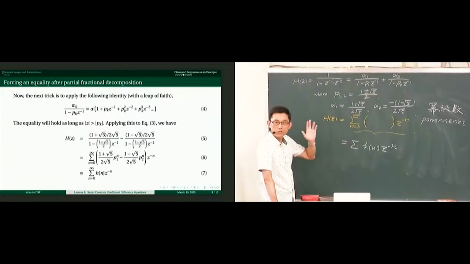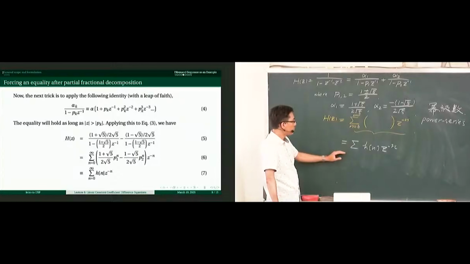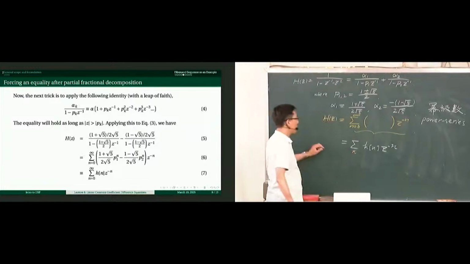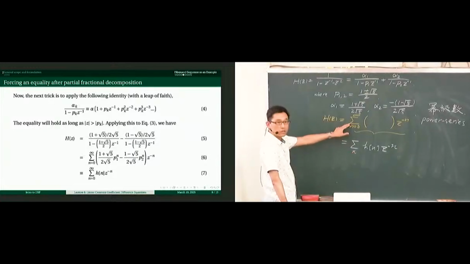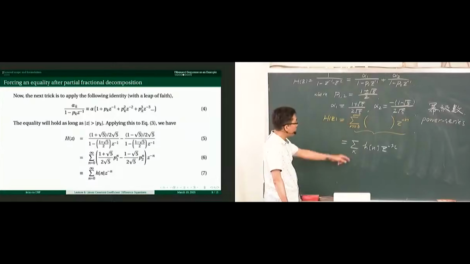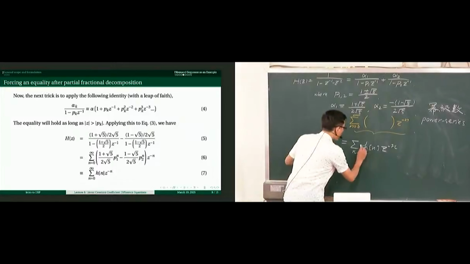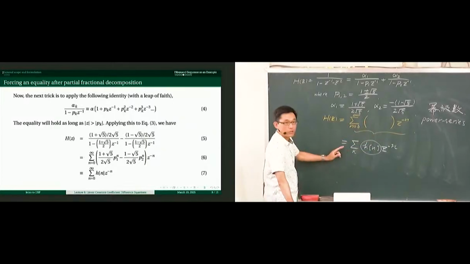So now, comparing the last two lines, H of z by definition now equals this power series. The only chance for the two of them to be equal is for every coefficient to be the same. Otherwise, there's no way for the equation to hold.